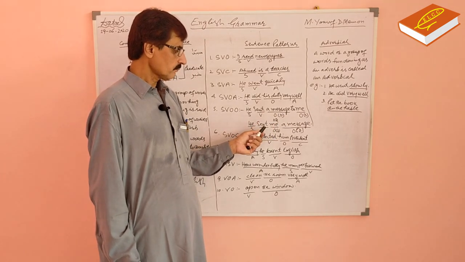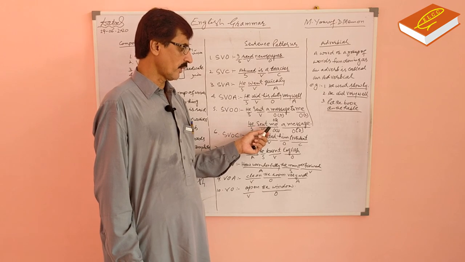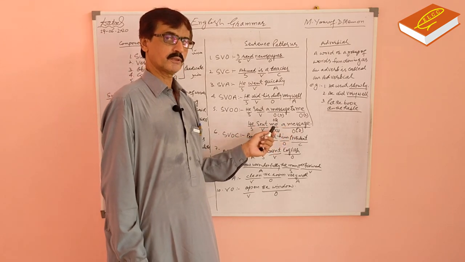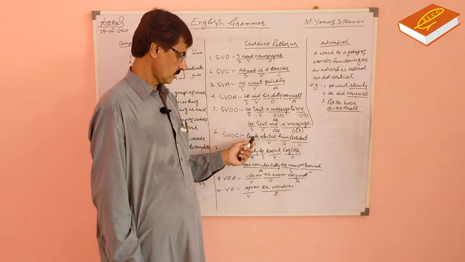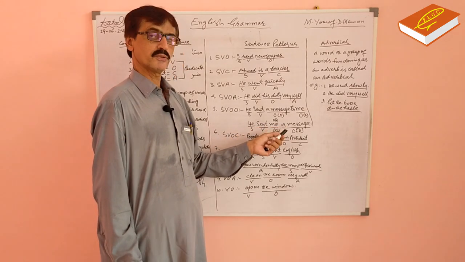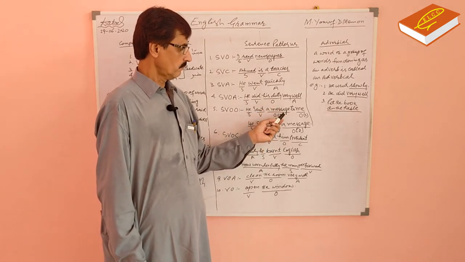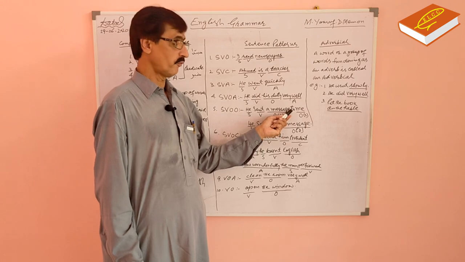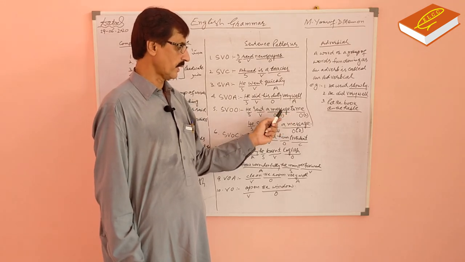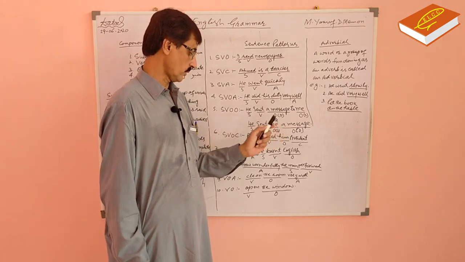But when the indirect object is used after the verb and before the direct object, then a preposition is not needed. As in, he sent me a message, there is no preposition. Here, to is a preposition. When the indirect object is placed after the direct object, we will need a preposition.